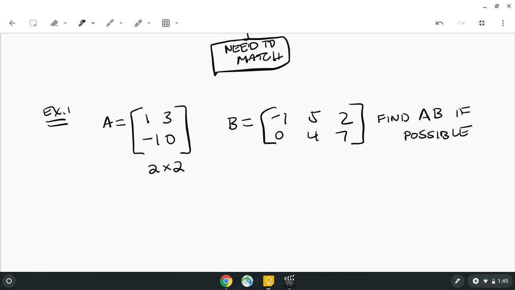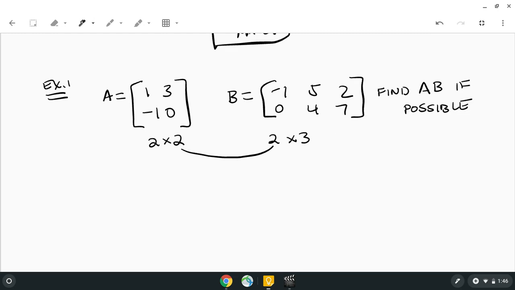B is 2 rows, 3 columns. So we see that we do have a match. So yes, it's possible. We can multiply these. They don't have to have the same dimensions. They just have to have the columns in A match the rows in B, and they do.